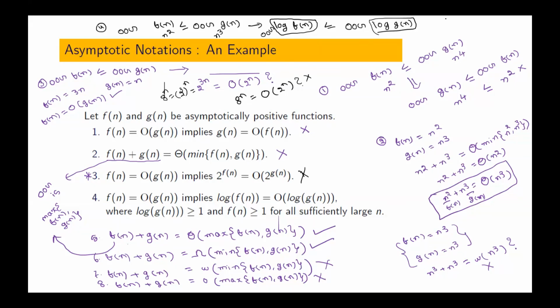It is simple logic: if A is less than or equal to B, whether log A will be less than or equal to log B. Log of n square is less than or equal to log of n cube, sir.